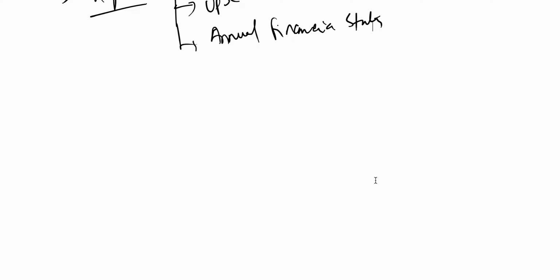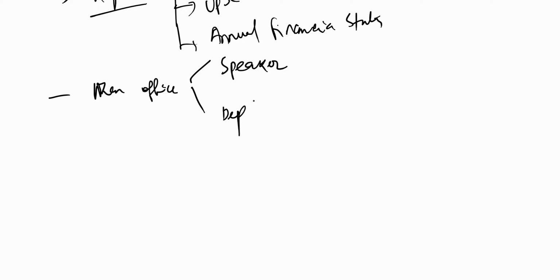He can appoint any member of Lok Sabha to preside over its proceeding. Listen carefully. When the office of speaker and deputy speaker are vacant, see that the system is different, that they have this panel of speaker or panel of deputy speaker.